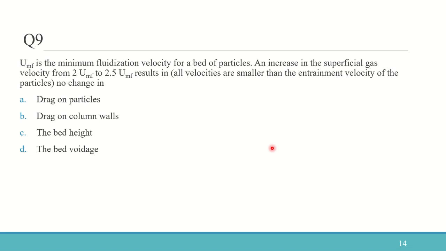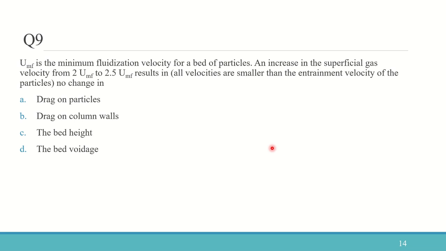So option C is bed height. Once the bed reaches a certain point, we see that the bed height is constant beyond that, because here we have crossed the minimum fluidization velocity, and there would be no change when we increase the velocity from 2 to 2.5.